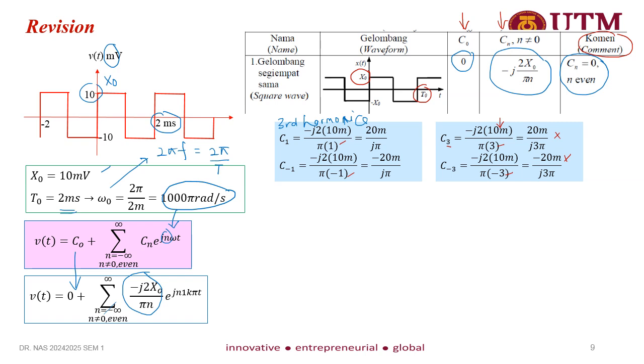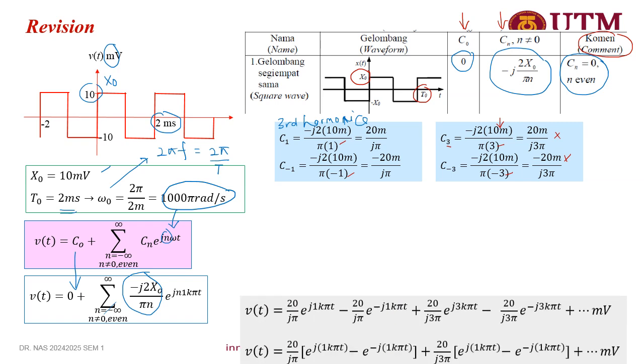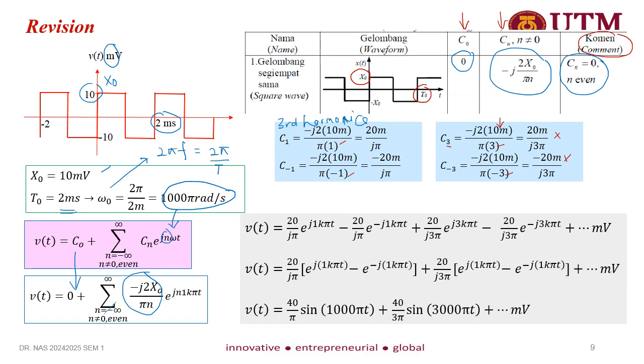Okay, next you need to compile them up. So Vt equal to your C naught, which is 0, plus C1, so this is from your C1, C1 e^(j 1 omega t). So in this case, omega is 1000 pi.